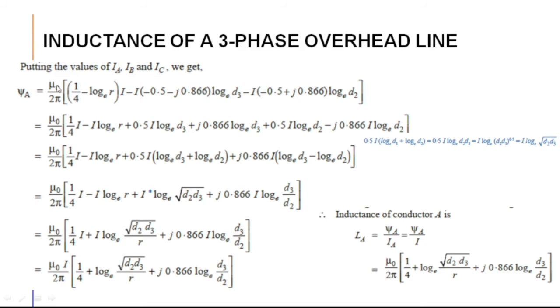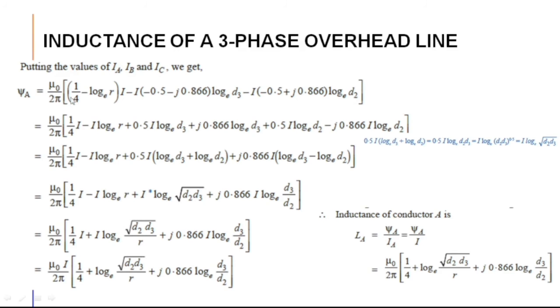See here, mu0 by 2 pi times 1 by 4 minus log R base e, minus I of minus 0.5 minus j0.866 log D3 base e, minus I of minus 0.5 plus j0.866 log D2 base e.